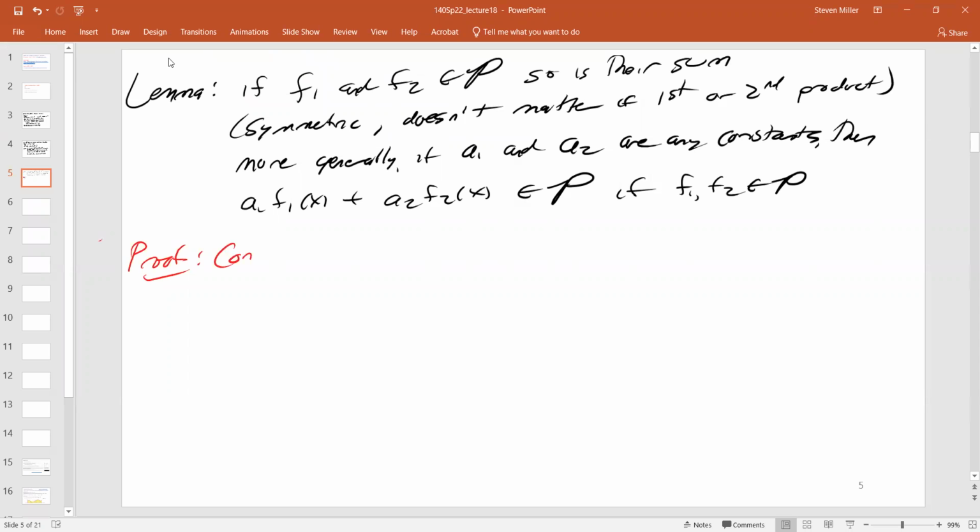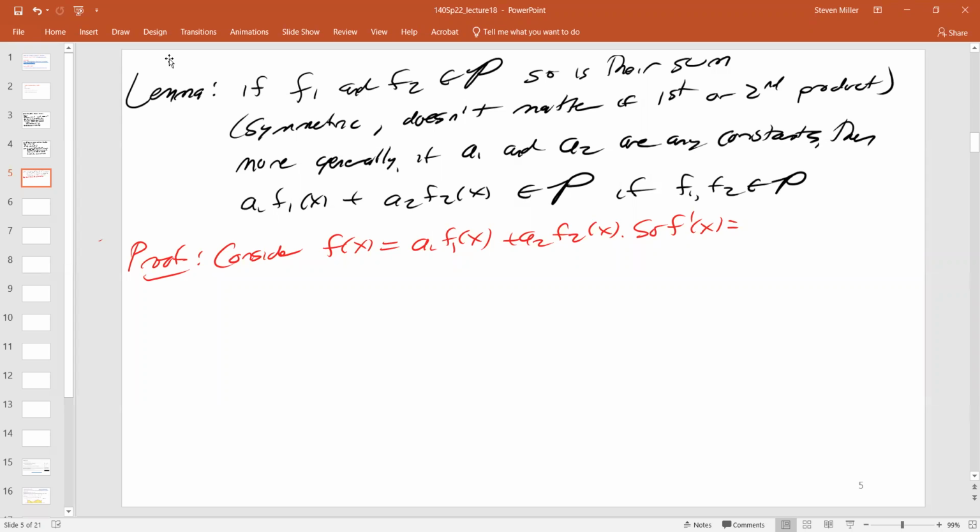So consider f of x equals a1 f1 of x plus a2 f2 of x. So what does f prime of x equal? Not a1 plus a2. f of x is a1 f1 of x plus a2 f2 of x.